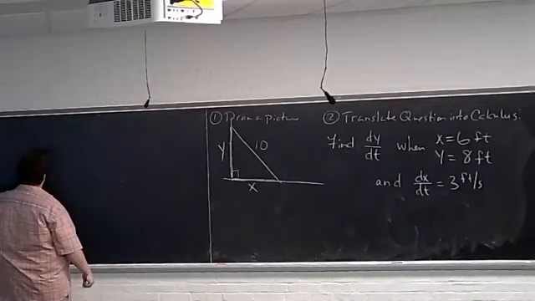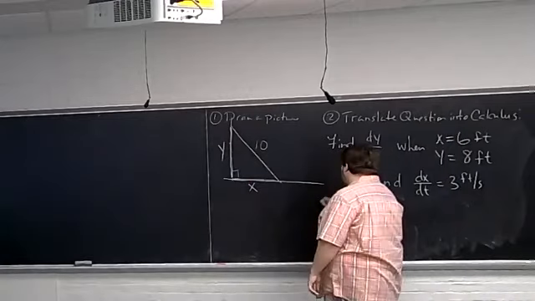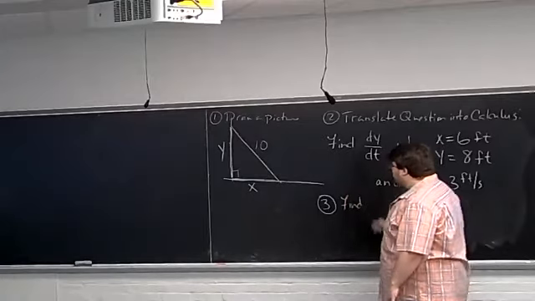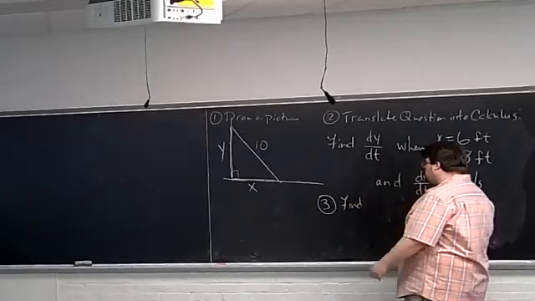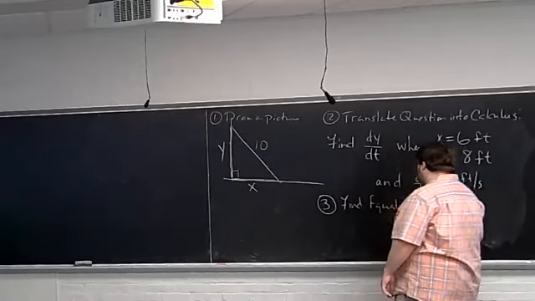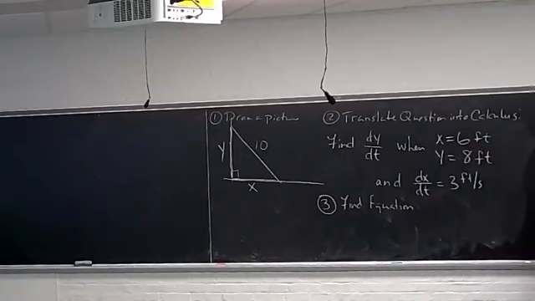Now, we don't have an equation yet. Step 3, find an equation. And for step 2 and 3, it may be useful to find the equation first, it may not. Maybe I should have written the equation first. Find an equation.